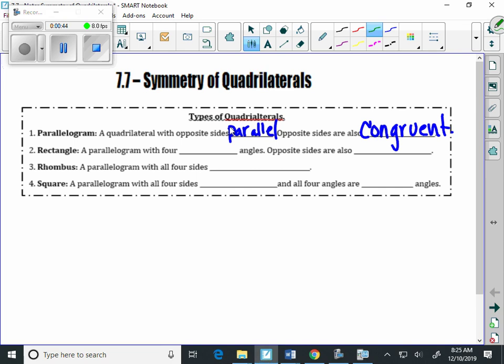Some other features to remember. With regard to a rectangle, a rectangle has 4 right angles. And opposite sides are also congruent.